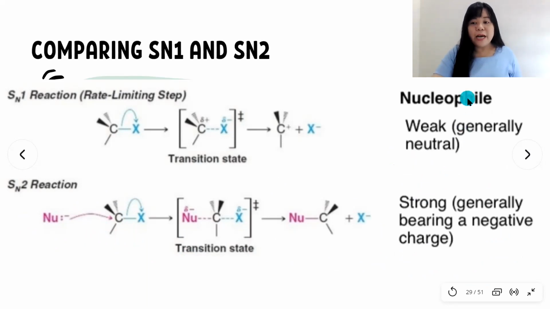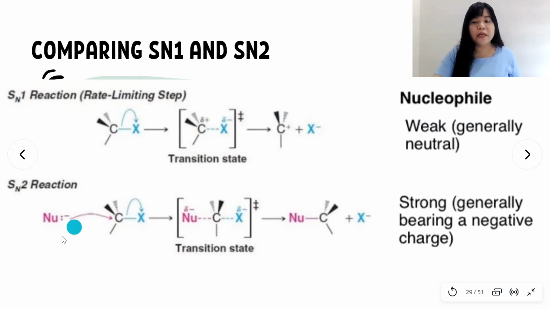For the nucleophiles, weak nucleophiles are generally preferred by SN1 reactions because in this case, the nucleophiles would only need to attack the carbocation after it has been formed.